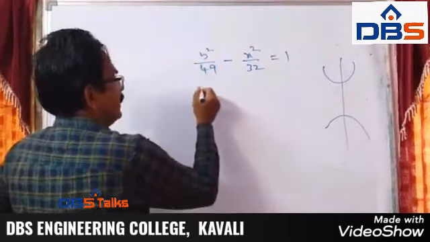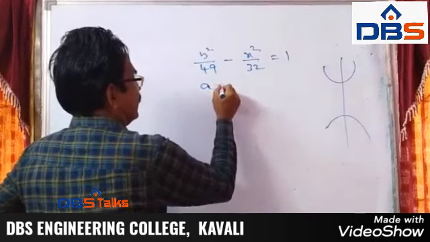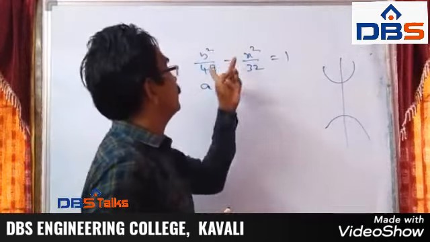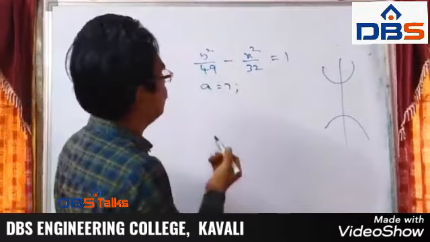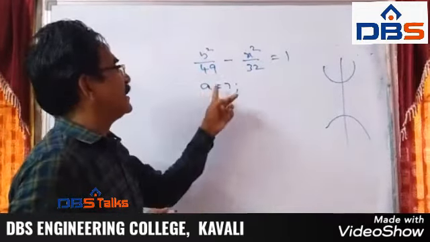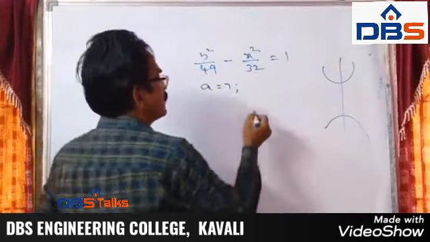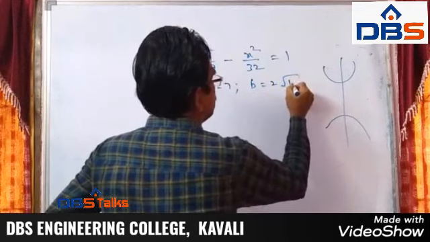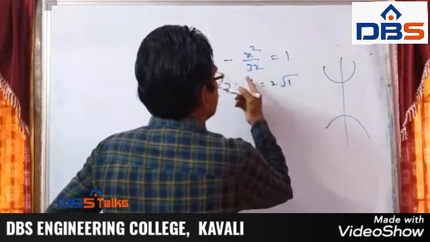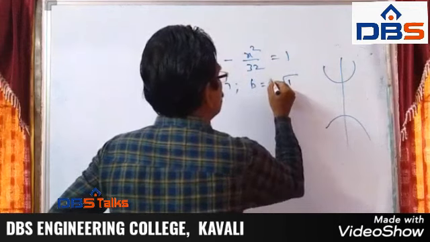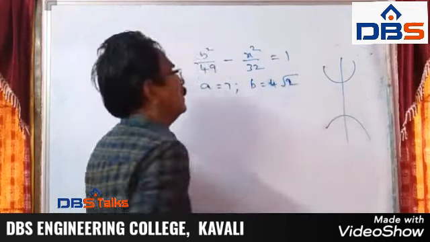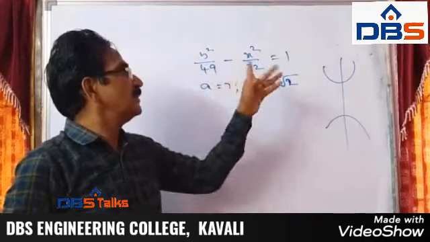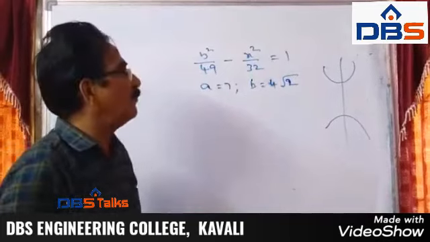Here a square is equal to 49, so a is equal to 7. b square is equal to 32, which is 16 into 2, so b is equal to 4 root 2.